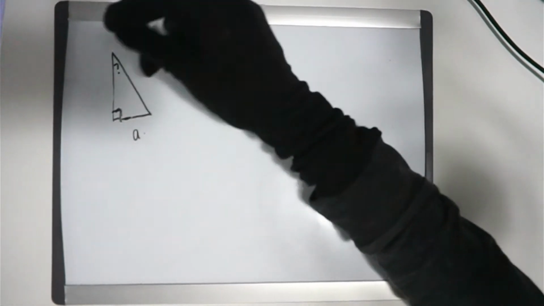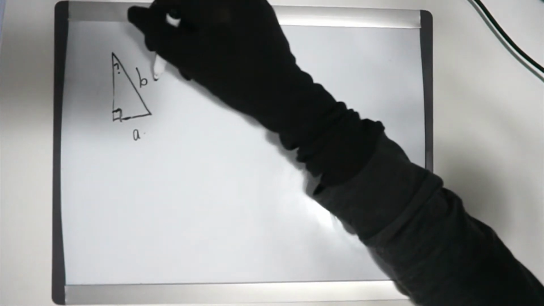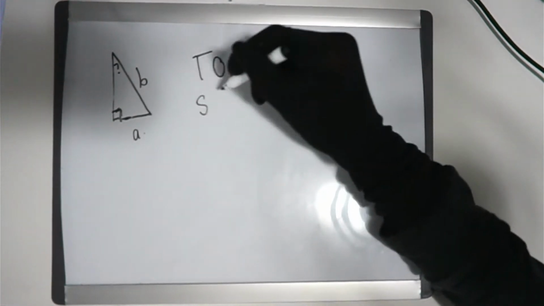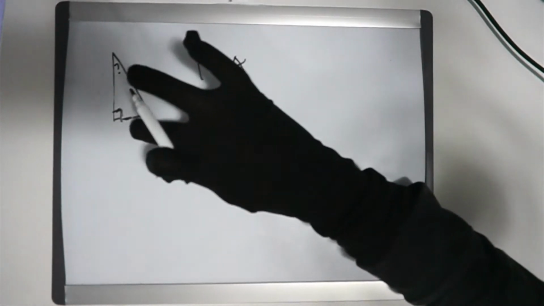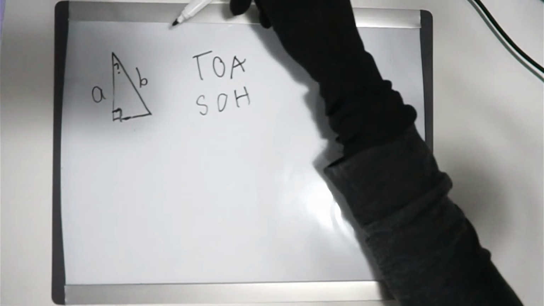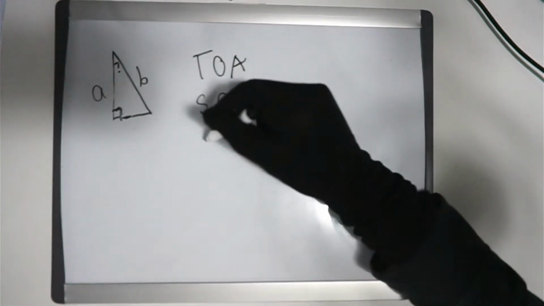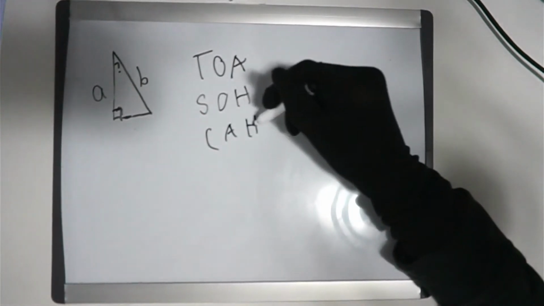Say we had this, where it's the opposite and the hypotenuse, that would be sine: sine, opposite, hypotenuse. And if we had this, where it's the adjacent side and the hypotenuse, then we would use cosine. So that'd be cosine, adjacent, hypotenuse.